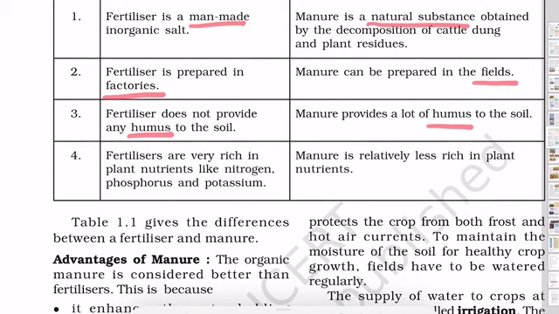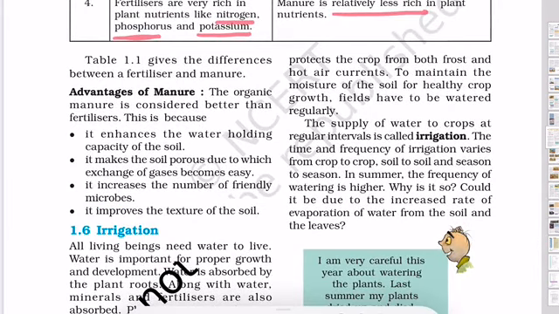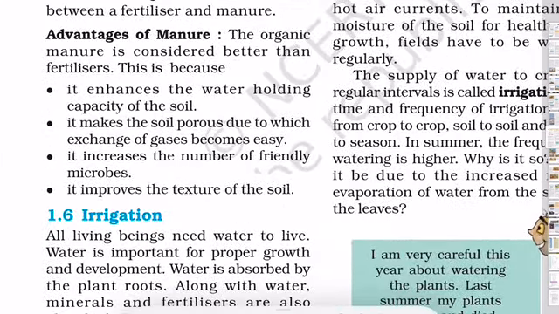Fertilizers are rich in nitrogen, potassium and phosphorus that we have already discussed, whereas manure has a lot of nutrients but not in very excess quantity. So it is relatively less rich, but manure is considered very good for the plants because it makes the soil porous. It increases the water holding capacity of the soil.